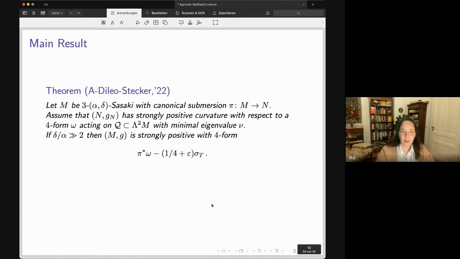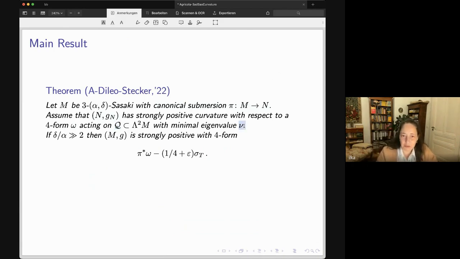Okay, good. And now the main result of the talk I want to show you, and worst case, we stop when the gameplay starts, is the following. Let M be a phi alpha delta Sasaki manifold with canonical submersion just as before. Assume that the base, our quaternionic Kähler base, has strongly positive curvature with respect to a certain four-form omega acting on the quaternionic distribution and with minimal eigenvalue some mu.